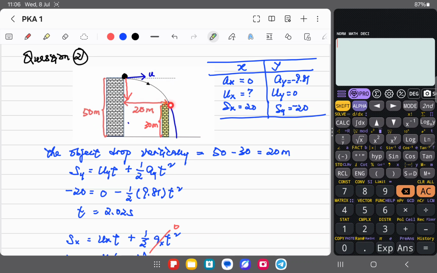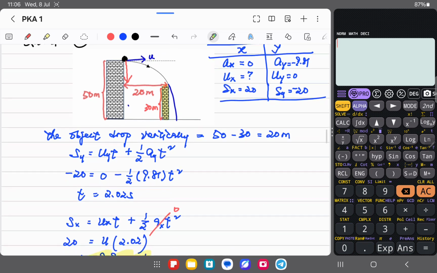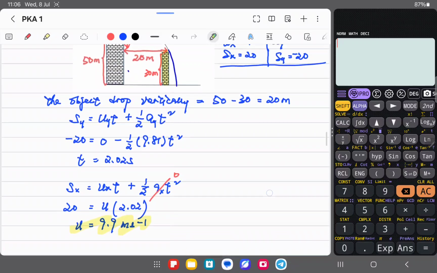At that particular moment, the horizontal distance covered by the object is 20 meters. So I consider the x motion, s equals ut plus half at squared.